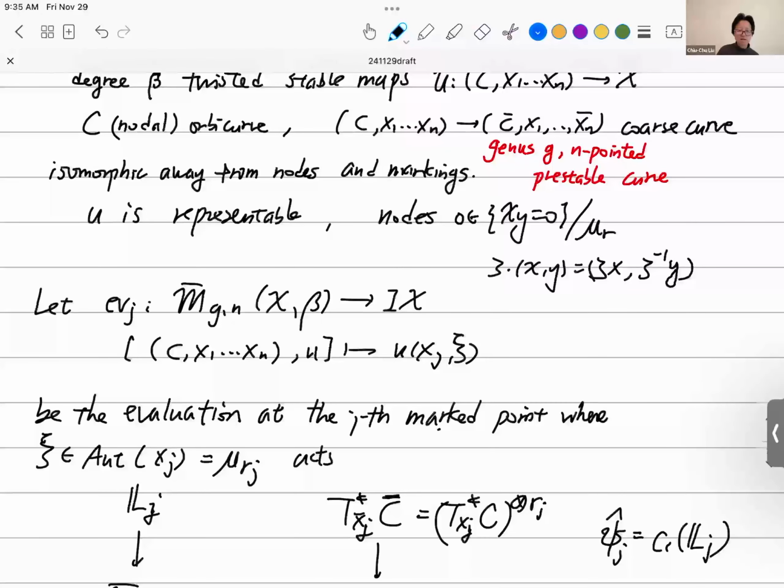You see there are different choices, because if we think of it additively, we can pick anything which is coprime to r_j as a generator, but we need to specify a particular generator, characterized by its action on the tangent line of the orbifold curve by this weight.